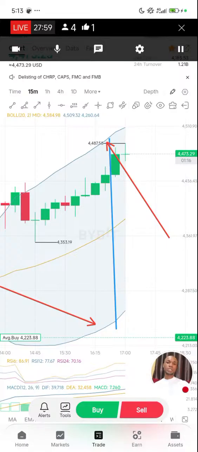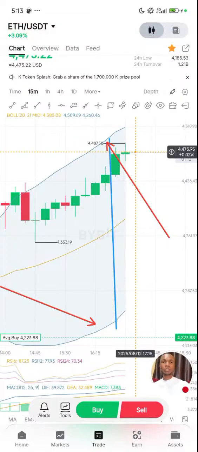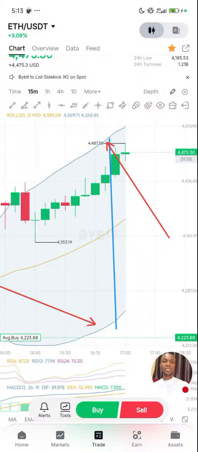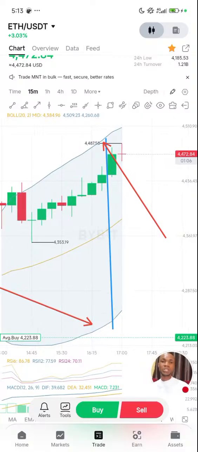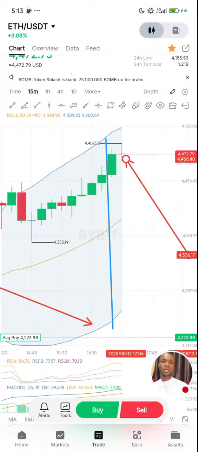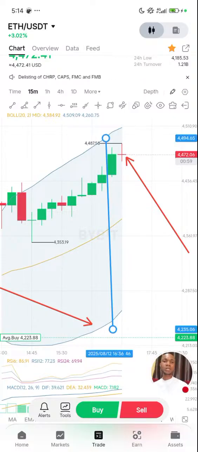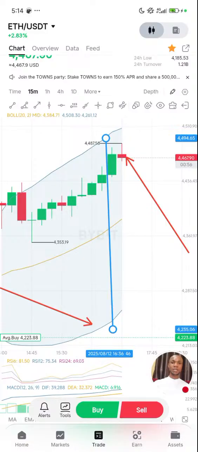So if you look at this last candle, it increases and passes the green candle.